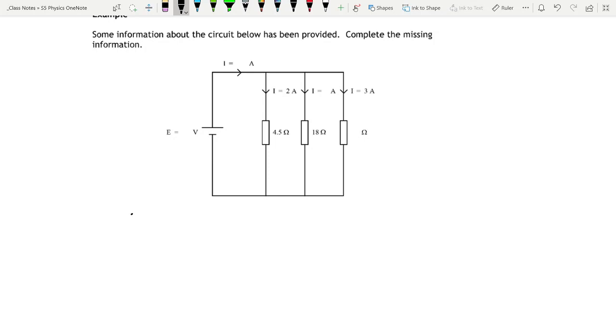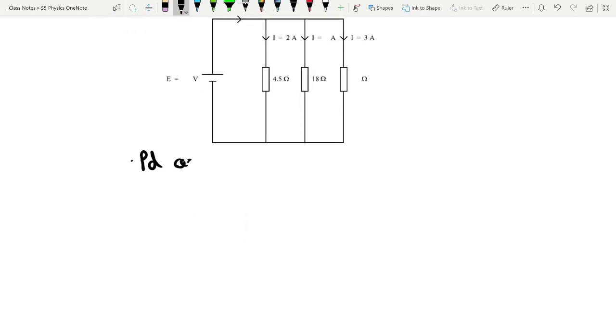So the PD across the 4.5 ohm resistor. To do that, V equals I times R. So we've got the current and the resistor there.